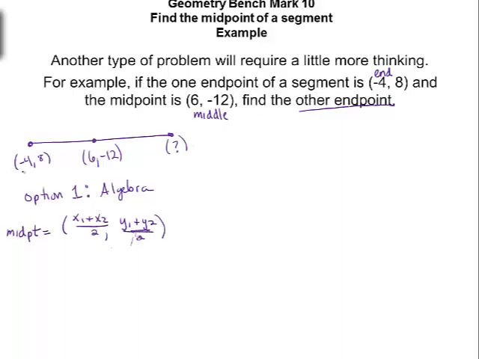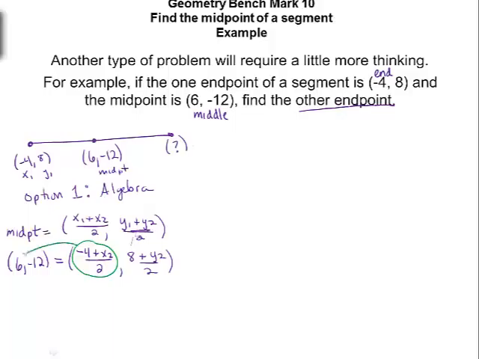This is x1, y1, and this is the midpoint. So what I have is 6, -12 is equal to -4 plus x2 and 8 plus y2. This value here gave us 6. And this value here gives us -12.